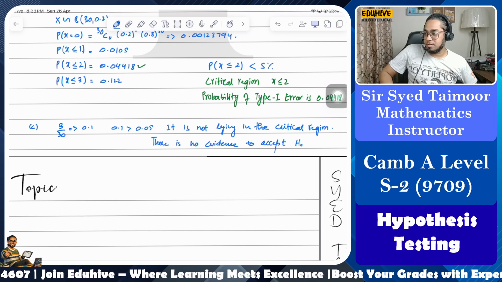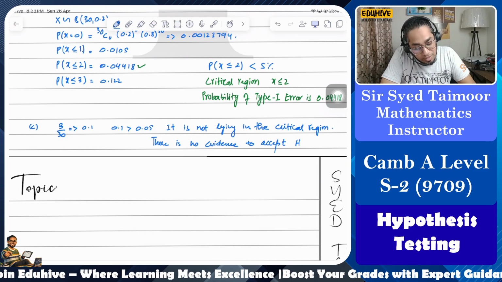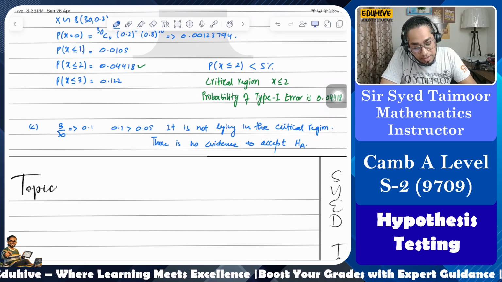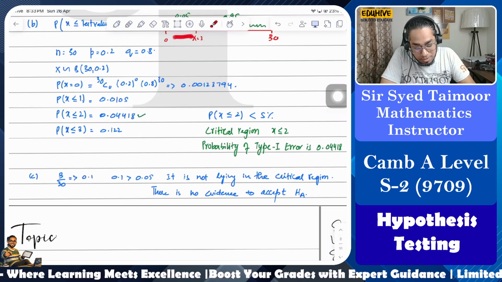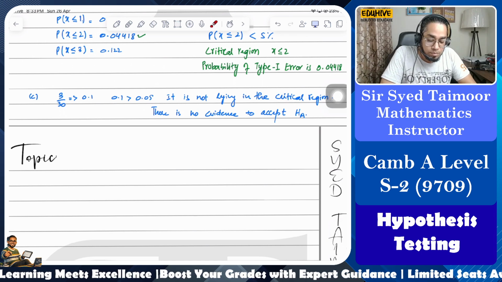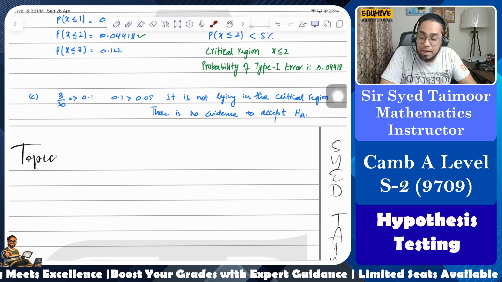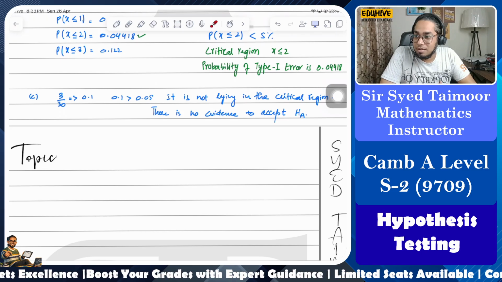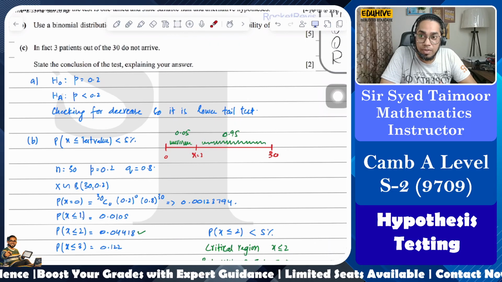Okay. No, sorry. H0 was this one, no? Critical region was this one. There is no evidence to accept HA because our patient is not lying in the critical region, beta. X equal to 3.